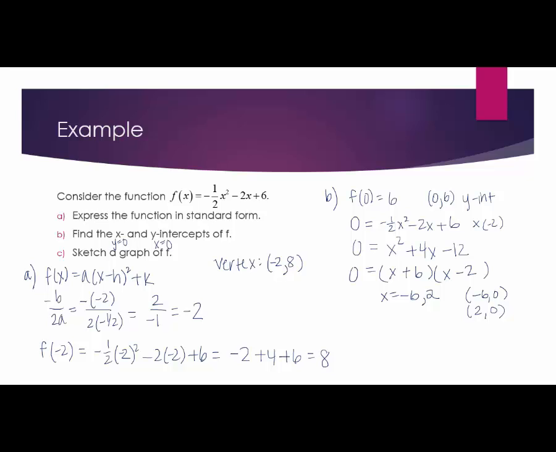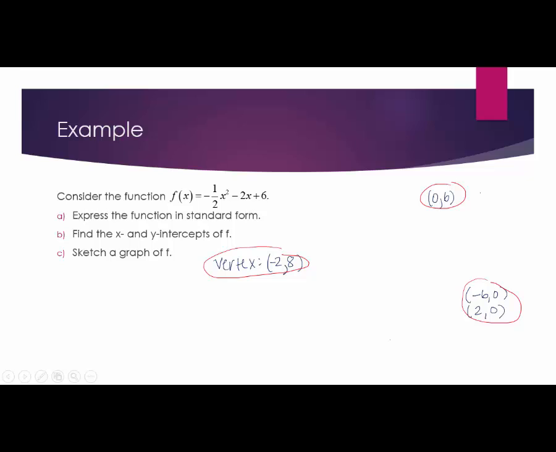This idea of having two x-intercepts should be familiar if we think about what a parabola looks like. It certainly makes sense that we could have two places where it crosses our x-axis. I'm going to clear some space here so I can sketch a nice graph. I've circled the 4 points that we have, our intercepts and our vertex.